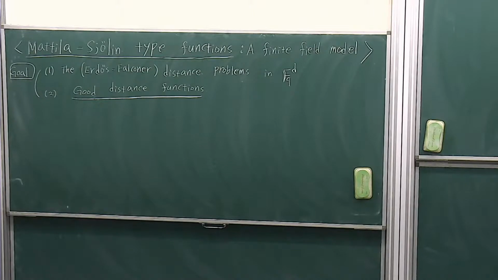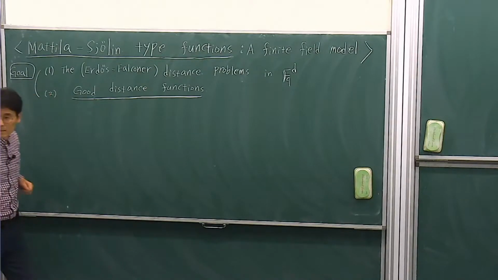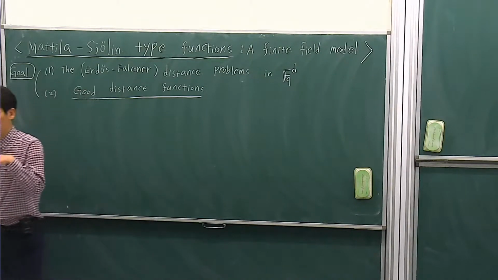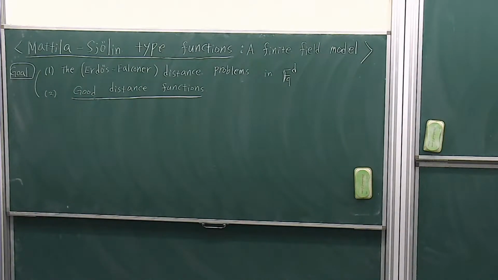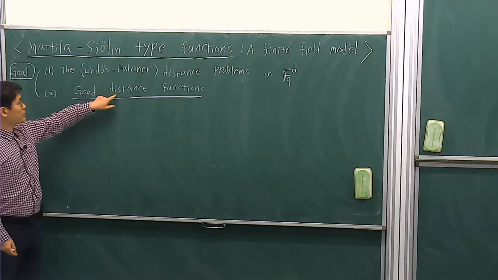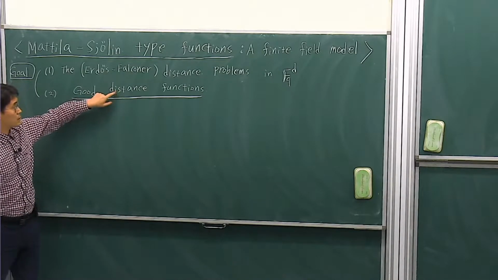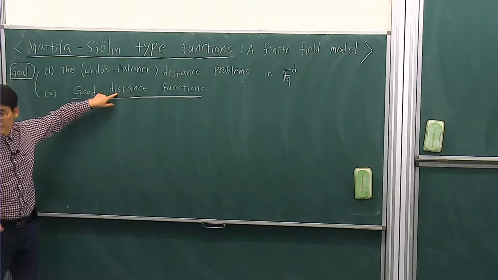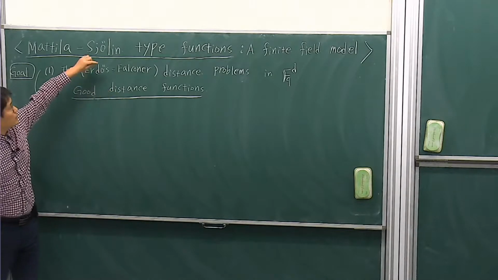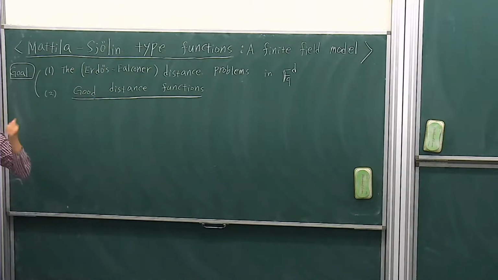Actually, the second thing is my goal. I wanted to introduce new distance functions. If you study this kind of distance problem or properties, maybe you may get some idea for this conjecture. Who knows? So let me start.